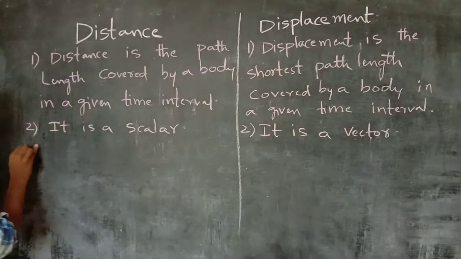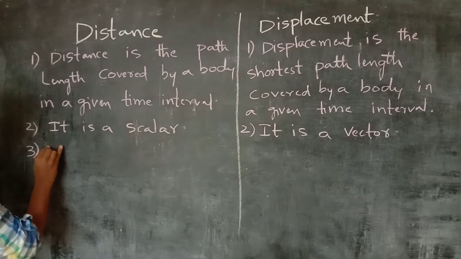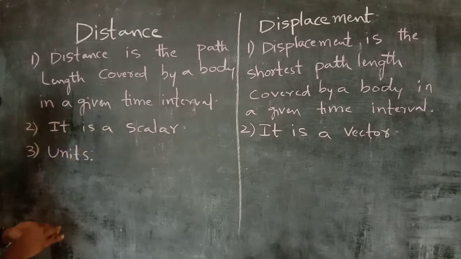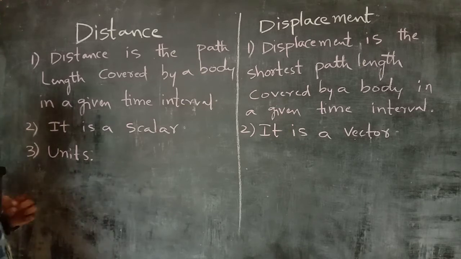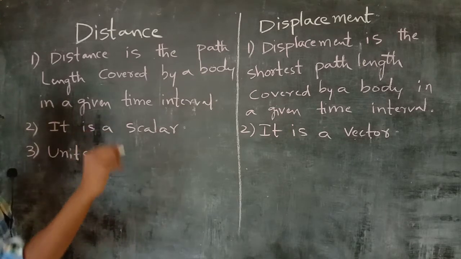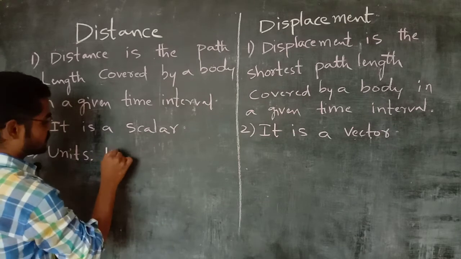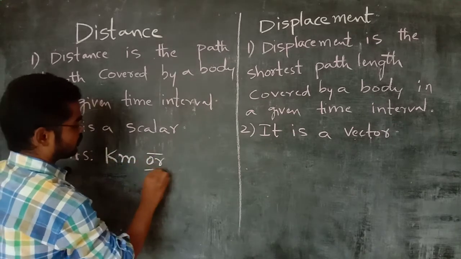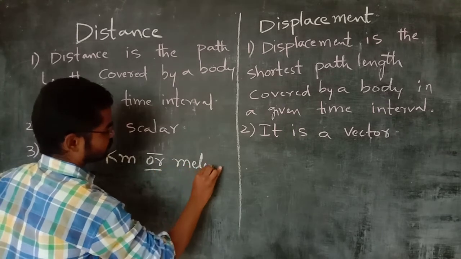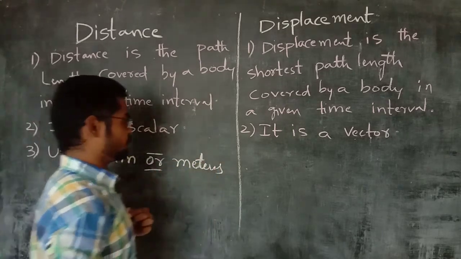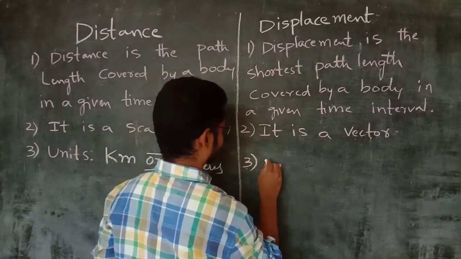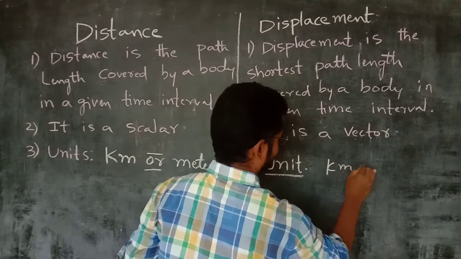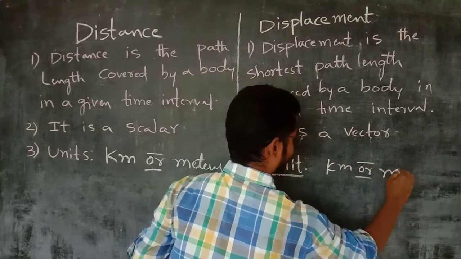Units: both are having the same units. What is the unit? Distance, you will measure. You might have seen on the roads or on the highways, Hyderabad 150 kilometer, like that. So units are kilometers or meters, the same unit, kilometer or meter or miles.